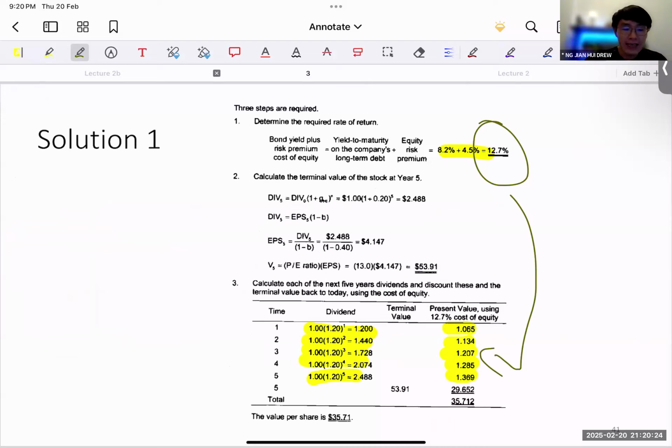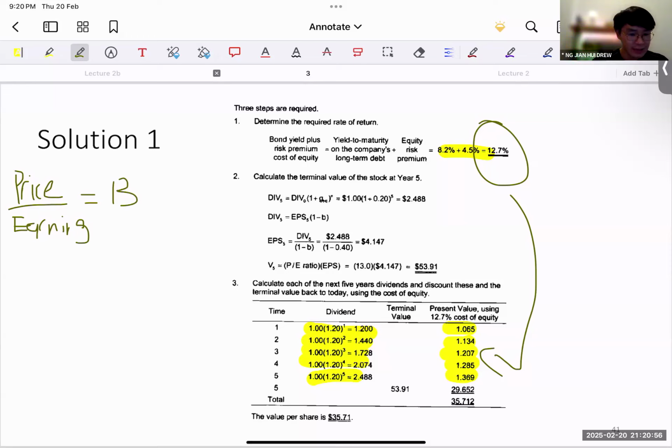Now, the interesting thing is how do we determine the terminal value using the trailing PE? Let's try to understand what PE is. PE, price divided by earnings, is 13.